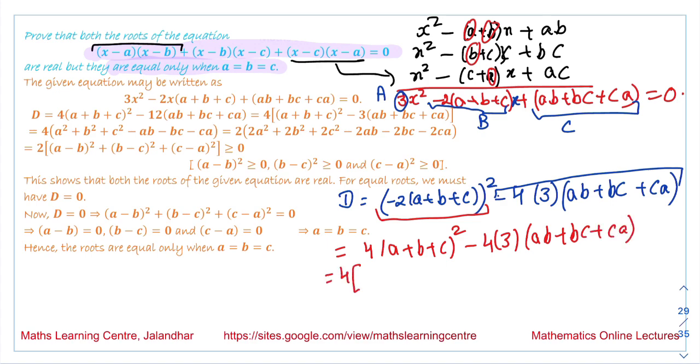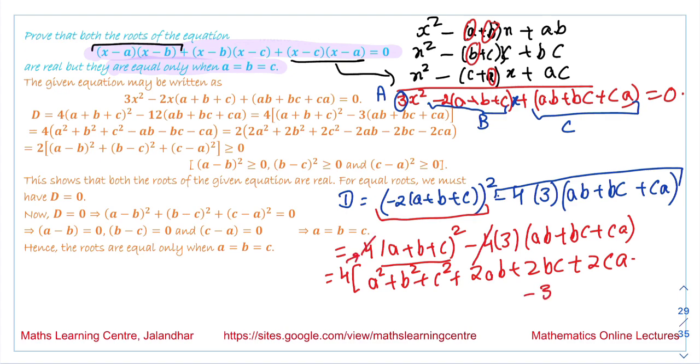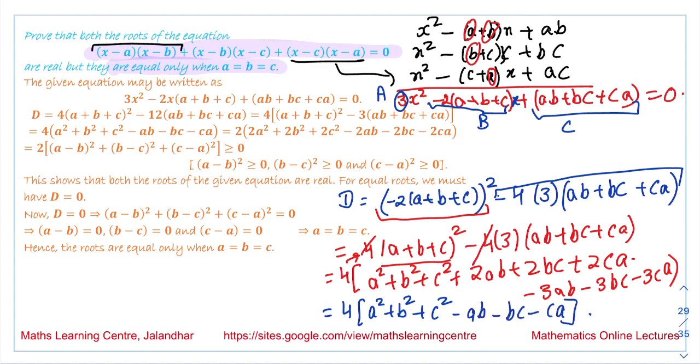We take 4 common from both these terms, so we are left with a square plus b square plus c square plus 2ab plus 2bc plus 2ca, and from the other term, minus 3ab minus 3bc minus 3ca. So the final answer we get is 4 times (a square plus b square plus c square minus ab minus bc minus ca).